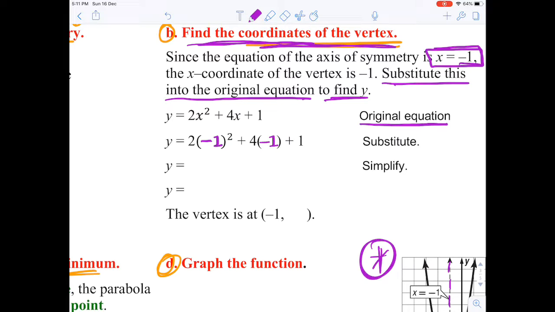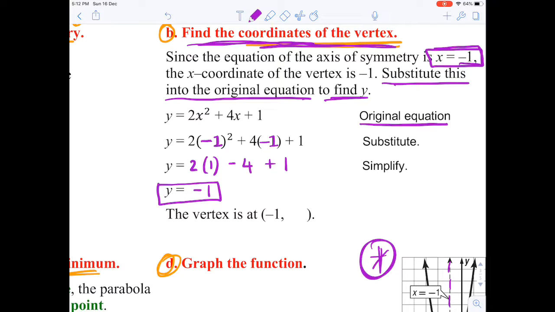And now I do the math. So this would be 2 times negative 1 times negative 1 is positive 1. 4 times negative 1 is negative 4 plus 1. And then I just simplify from left to right. I have positive 2 subtract 4, which is negative 2, plus 1, and I get the answer negative 1.